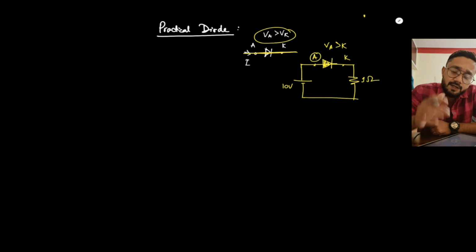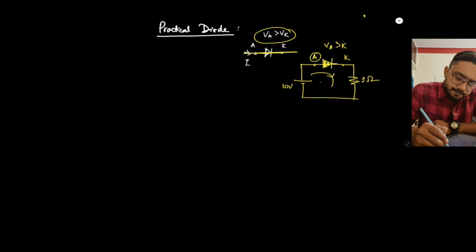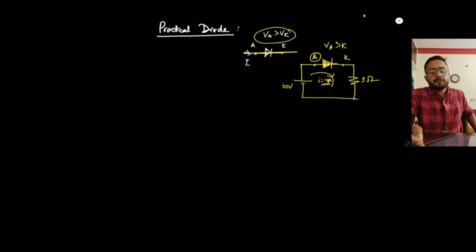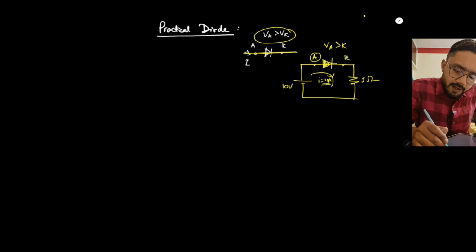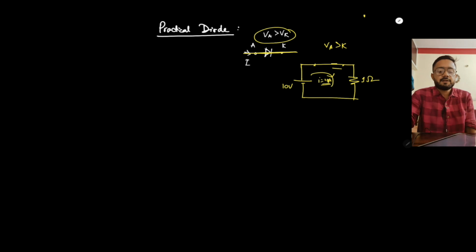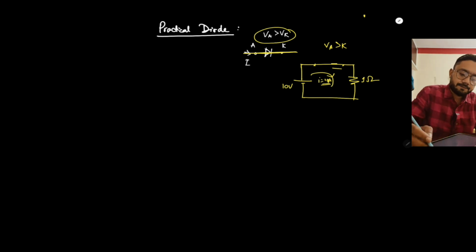So from the circuit perspective, it will act like there doesn't exist any diode at all, because there is no change in the current here. The current will be 10 amps, and from the circuit perspective, it will act like there doesn't exist any diode. So this was the case of an ideal diode.